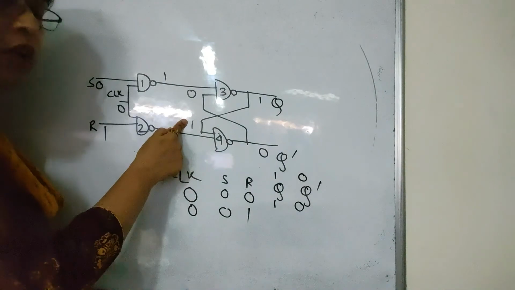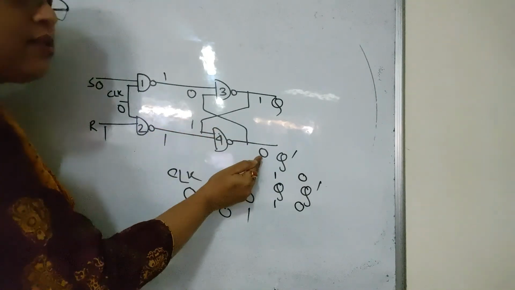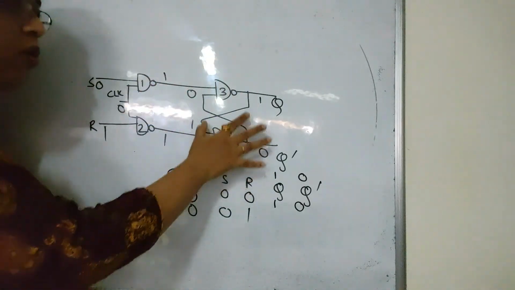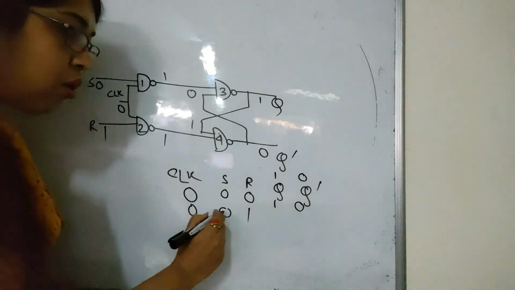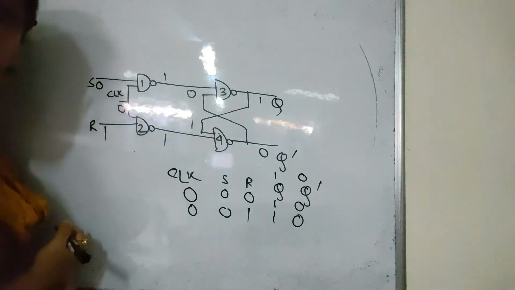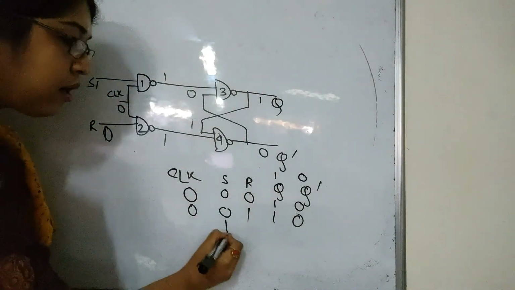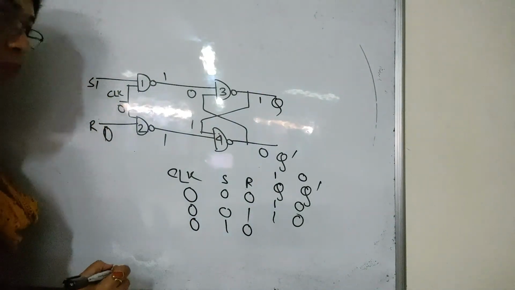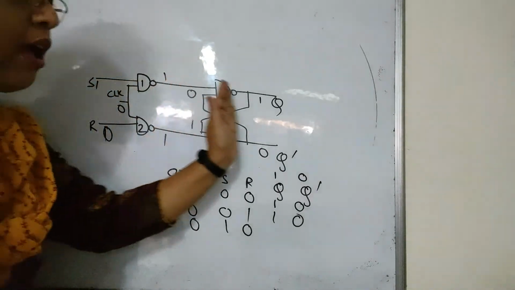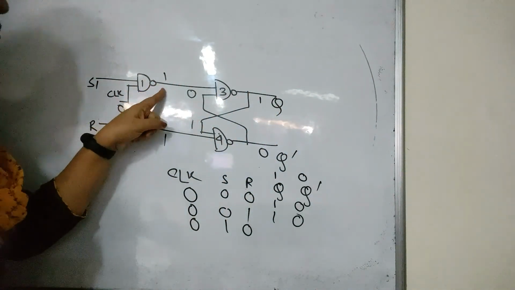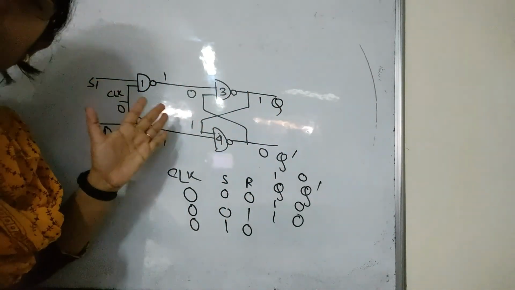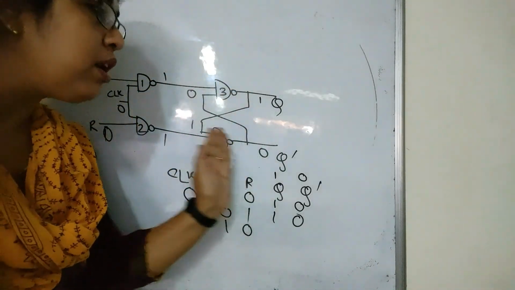Q as 1 fed back into NAND gate number 4 will give us a 0. So again the scenario does not change. So 0, 1 will also give us 1, 0. S1 R0. If S is 1, R is 0 but clock is 0, again the scenario won't change. NAND gate number 1, NAND gate number 2, both would be 1, 1 and the rest will follow.